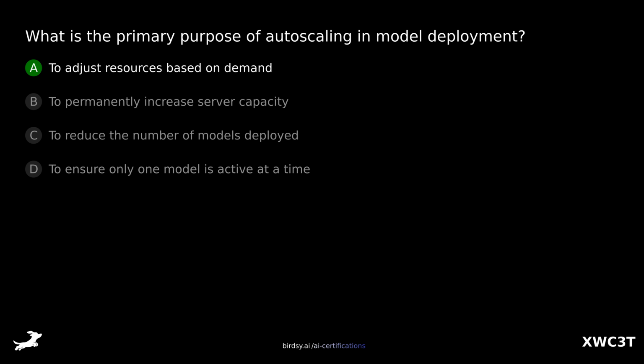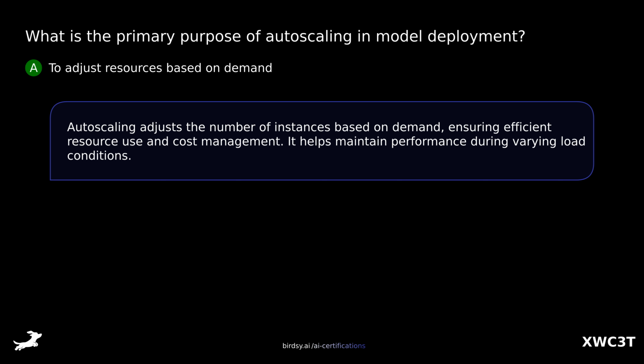The answer is A, to adjust resources based on demand. Autoscaling adjusts the number of instances based on demand, ensuring efficient resource use and cost management. It helps maintain performance during varying load conditions.